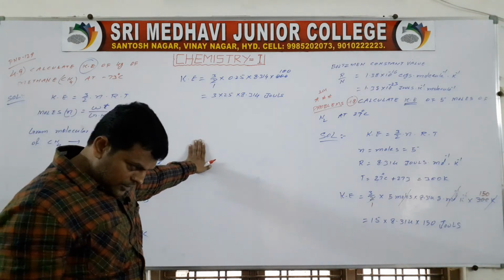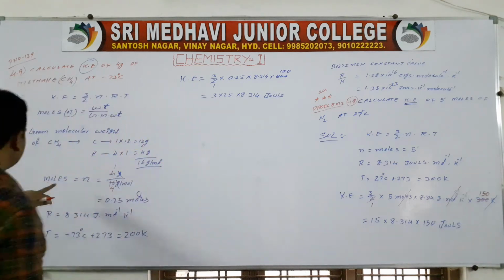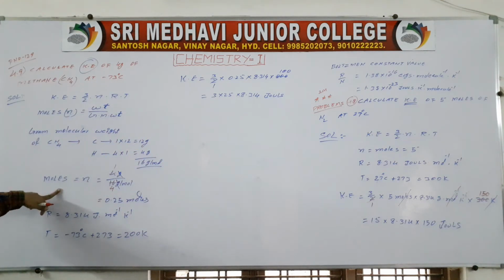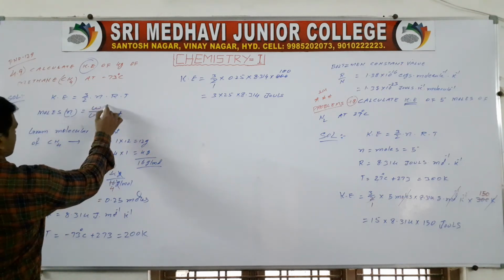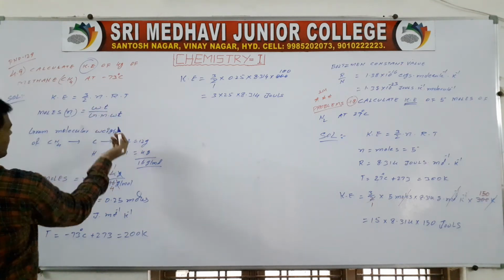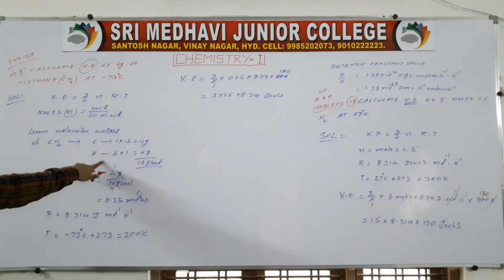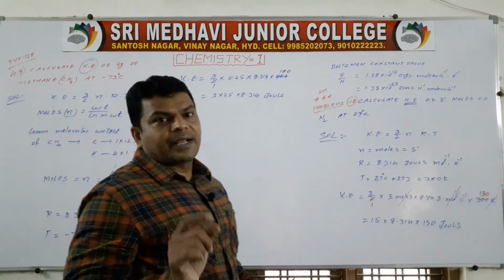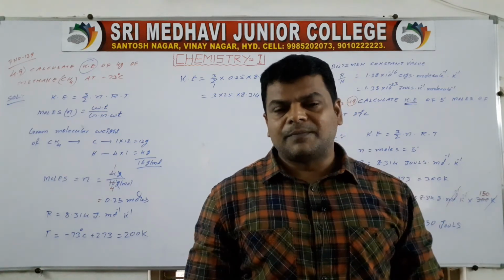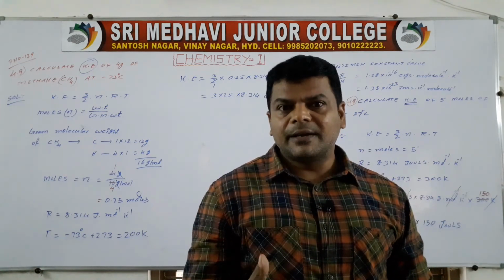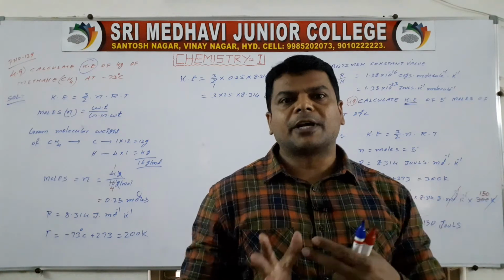Understand? What is the twist? Number of moles we have to calculate, using weight by gram molecular weight. For calculating gram molecular weight, in my second class I gave some atomic weights and atomic numbers.